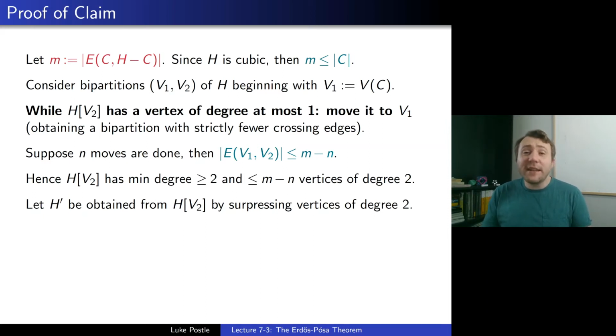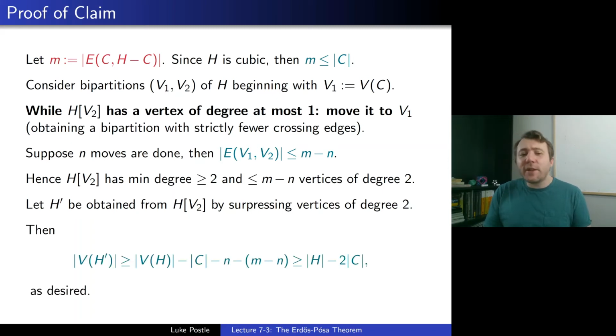Okay, so if you put all that together, you realize this is the subdivision of the cubic multigraph we wanted to find. Namely, we'll let H' be obtained from H[V2] by suppressing the vertices of degree 2. And this will create a cubic multigraph. And then the only question is, how many vertices does this cubic multigraph have? Well, V(H') has to be at least V(H), except we throw away C, so we're going to minus C. Then we do these moves. There's n of those. We're going to lose n there.